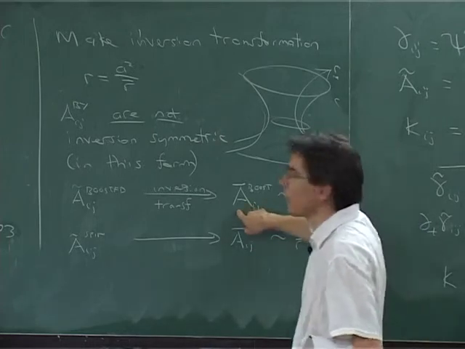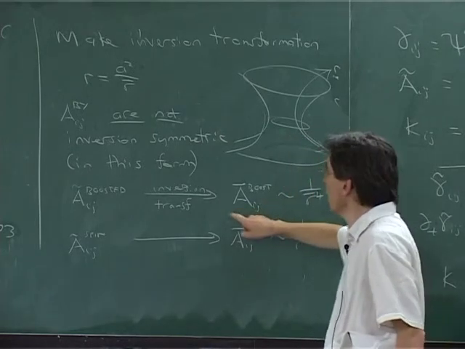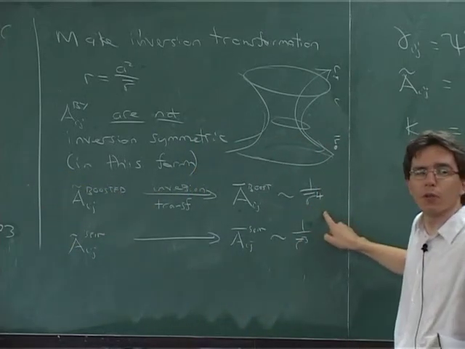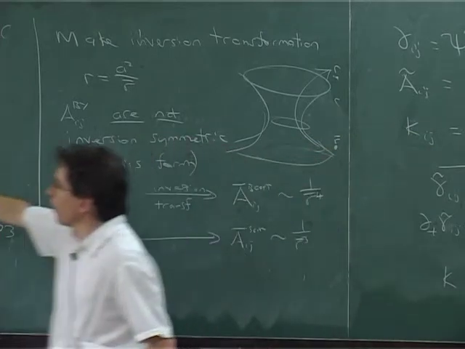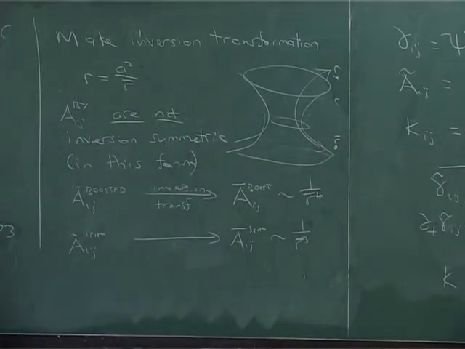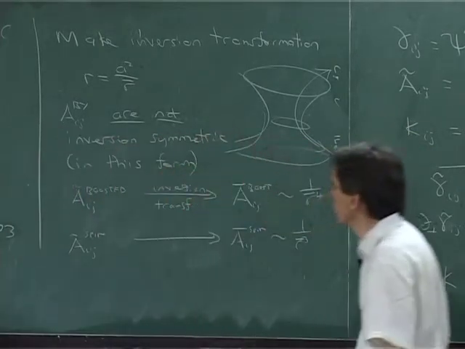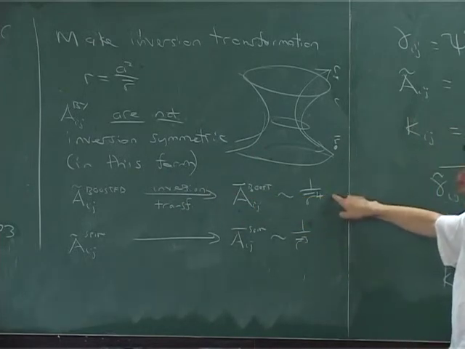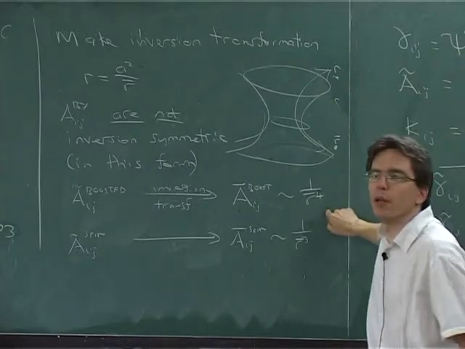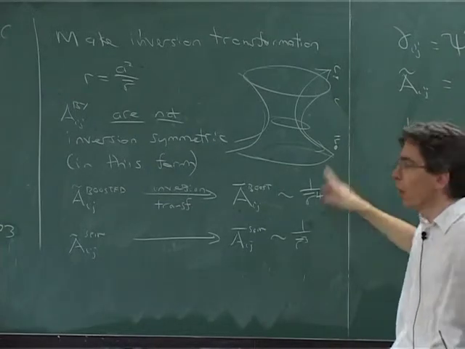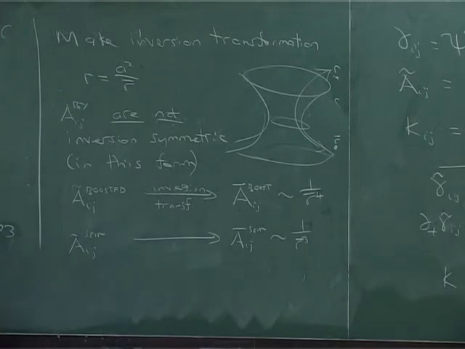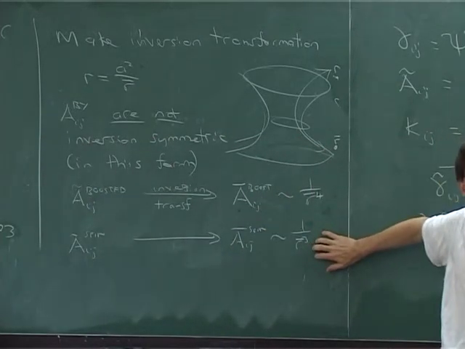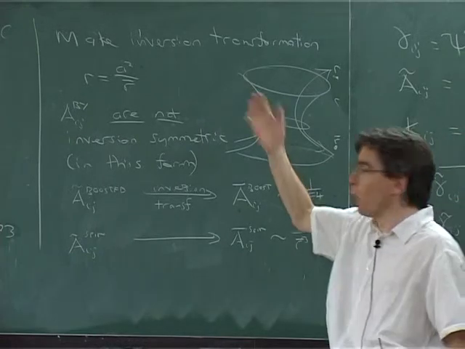The boosted one, this is just Aij, not Aij squared. So Aij goes from being 1 over r squared to 1 over r to the 4 under an inversion transformation. The original one had some linear momentum, which came from the 1 over r squared term. The inversion transformed one goes only as 1 over r to the 4, so there will be no linear momentum in this. The spinning one, on the other hand, goes from 1 over r cubed to 1 over r cubed, so this stays the same. This has angular momentum in both halves of the wormhole.